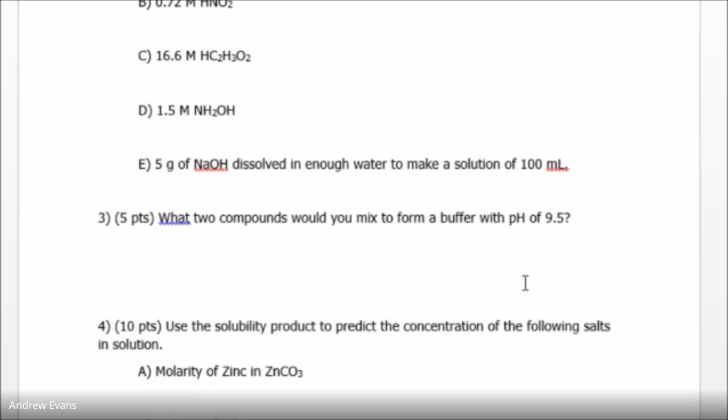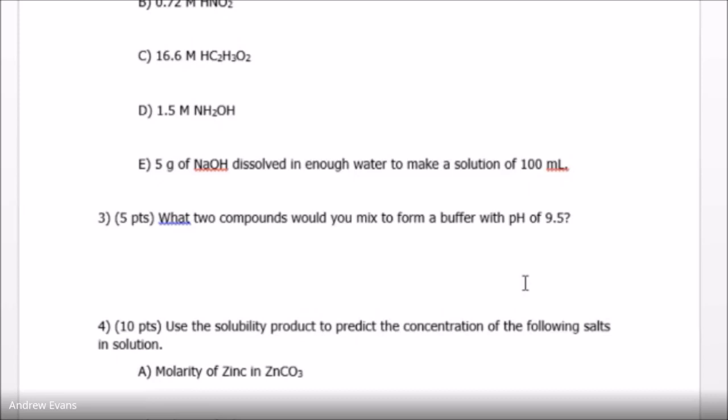You had to find some sort of acid or base that had a pKa within that region, between 8.5 and 10.5. But there are multiple different possibilities, multiple different right answers. It all depended on where you looked and which one you chose.